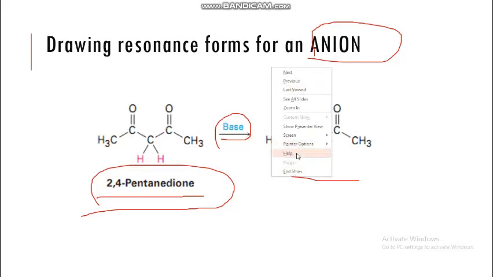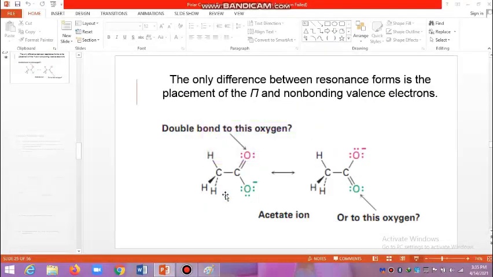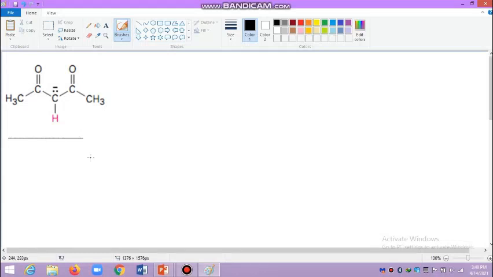Okay, let's have an example. So, this one is already a resonance form. So, we will determine the other forms of this anion.